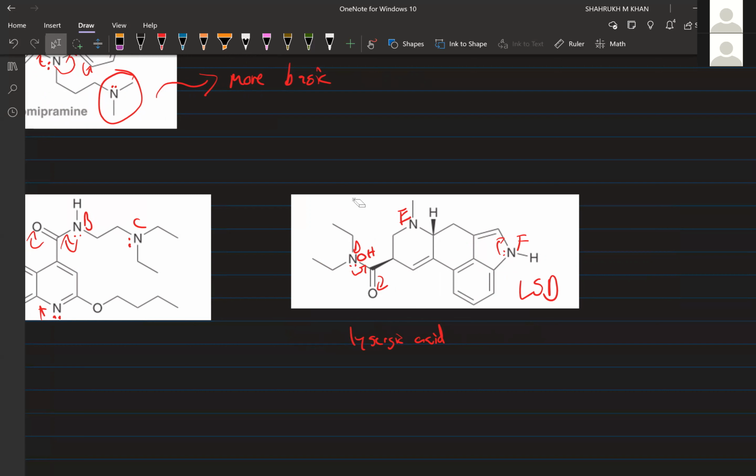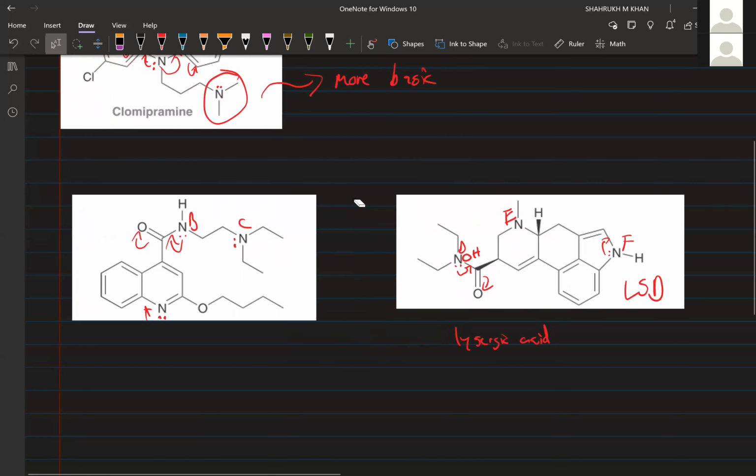I'd probably say D, but the question asks what's the most basic. If you did have to rank them, probably D last, just because the carbonyl is probably more electron withdrawing than the other two groups attached to F. But maybe you have to see that experimentally.